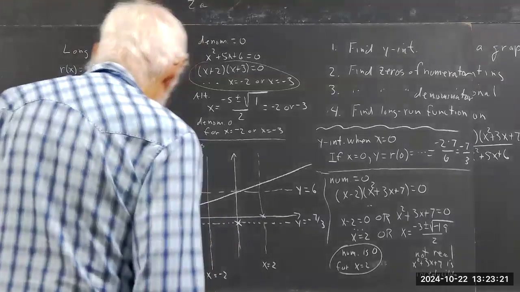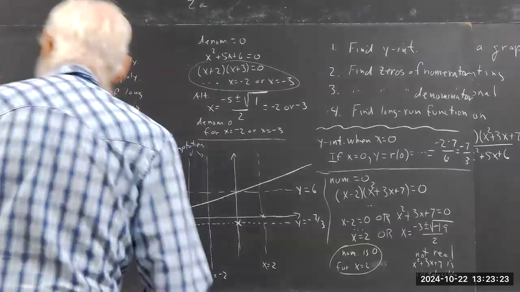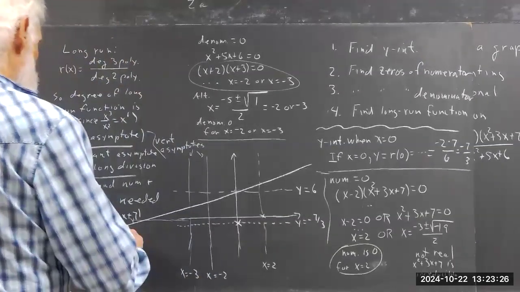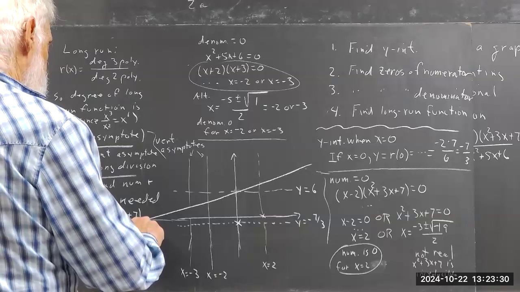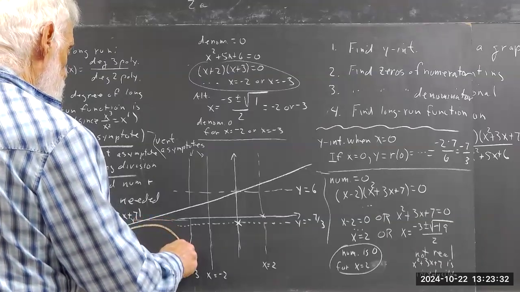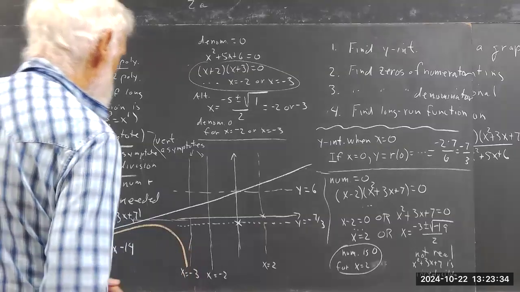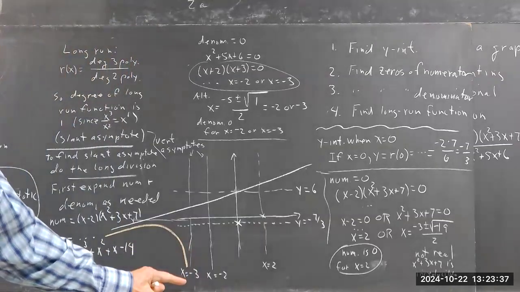So what's going to happen with my graph? I'll start way down here. And it's going to come up here, but it can't go through the x-axis, so it's going to turn around and approach this vertical asymptote here.